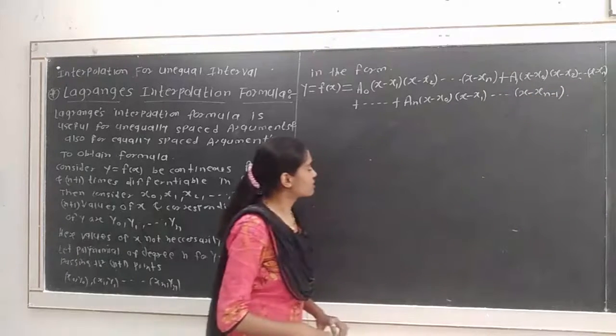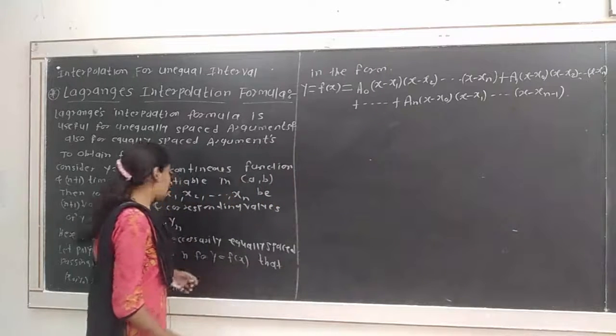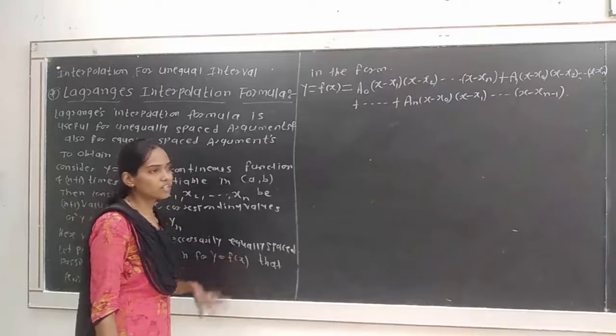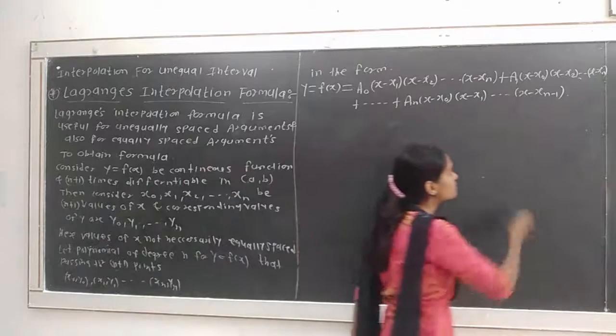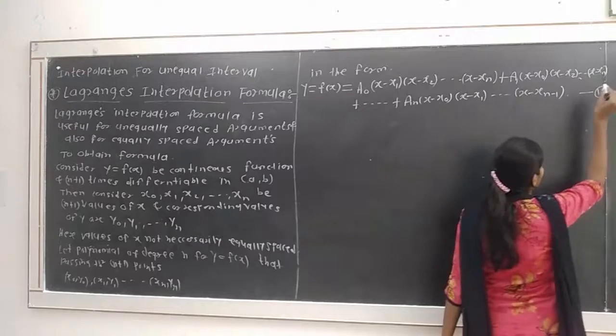We consider the polynomial of degree n passing through these points. Take this as equation number 1.